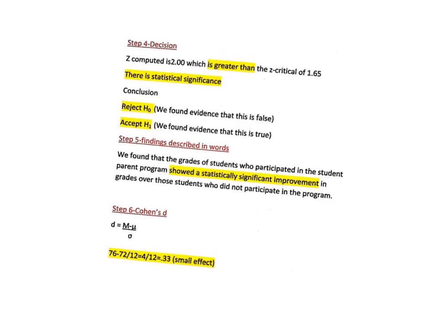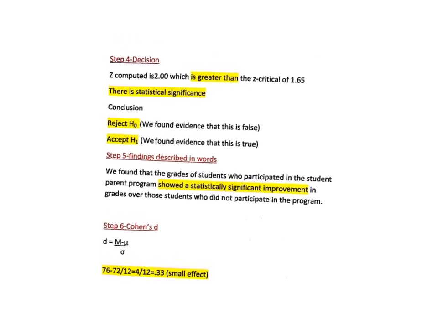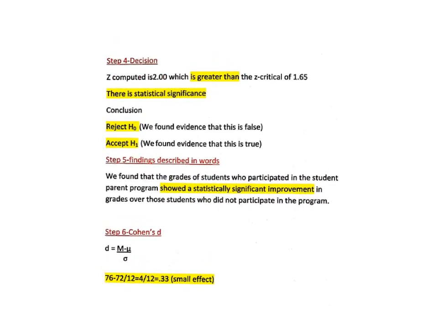All right, so for the final couple of steps, we have our Z computed, which is 2.0, which is greater than our Z critical of 1.65, so there is statistical significance. So our conclusion would be that we reject our null hypothesis. We found evidence that indeed our students are doing better than the general population in terms of their final exam scores.